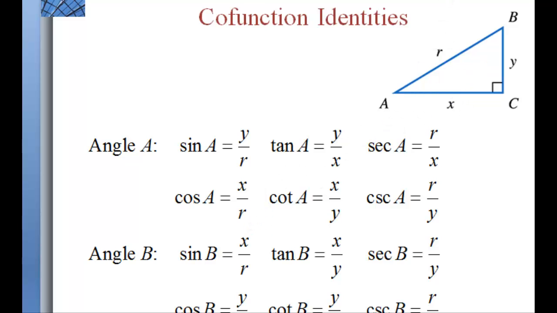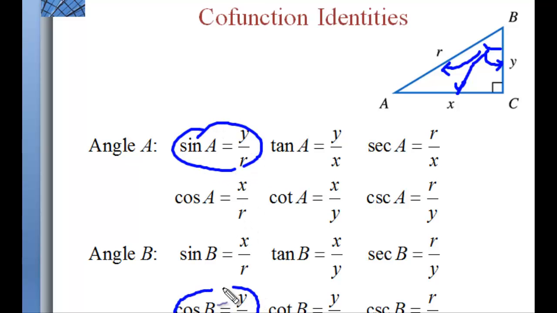Now, if we look at sine of B, opposite over hypotenuse, the sine of B is x over r, and the cosine of B is y over r. Take a look at this. On angle A, the sine is y over r, and on angle B, the cosine is y over r.